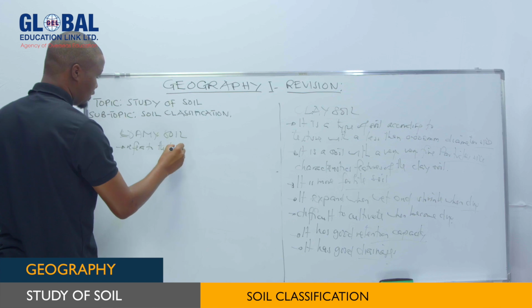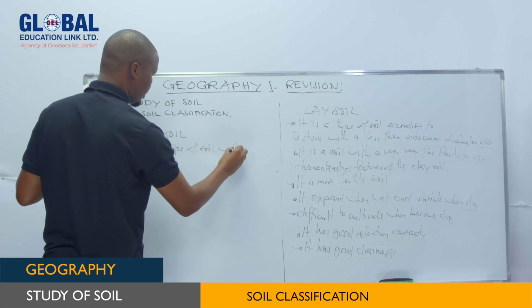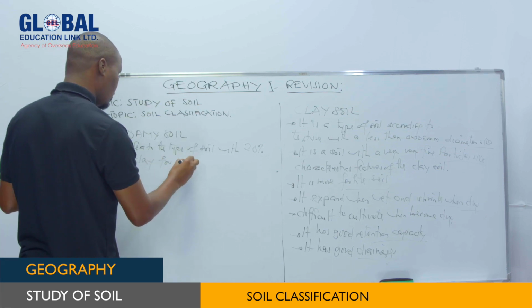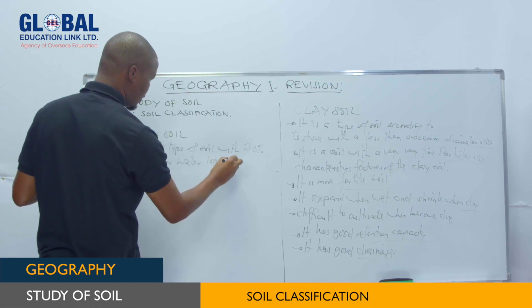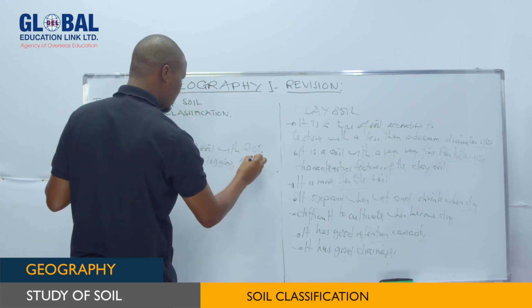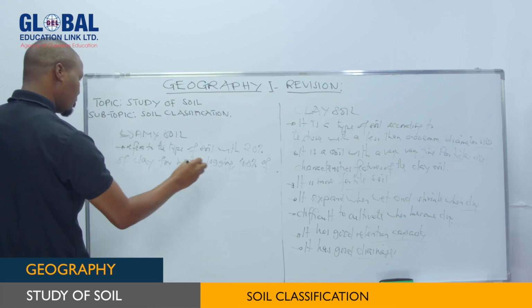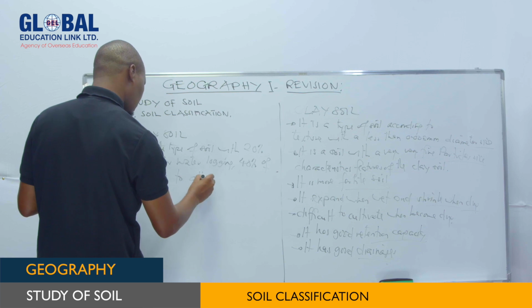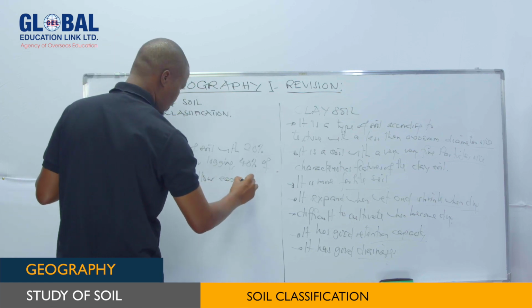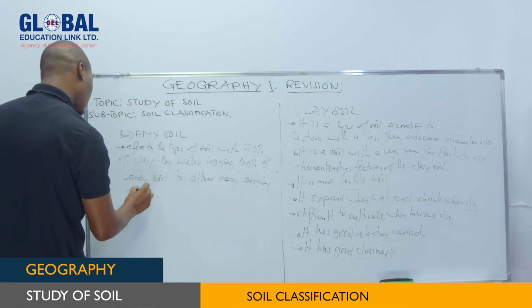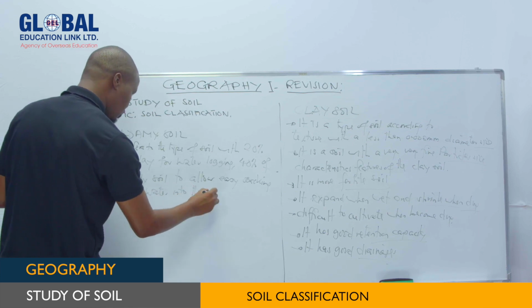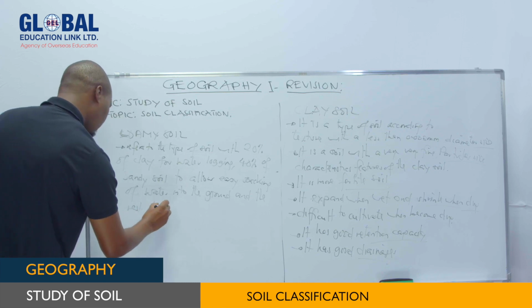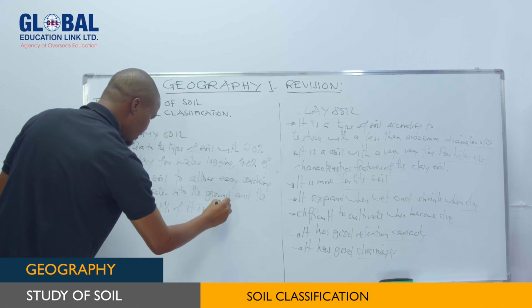with 20% of clay for water lodging, 40% of sandy soil to allow easy soaking of water into the ground, and the rest, 40% of it, is silty soil.